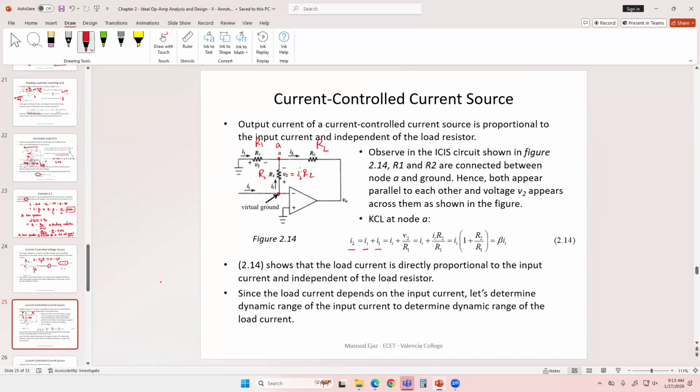I1 is V2 over R1 using Ohm's law. And V2 is I input times R2, so I'm going to replace this V2 by I input times R2.